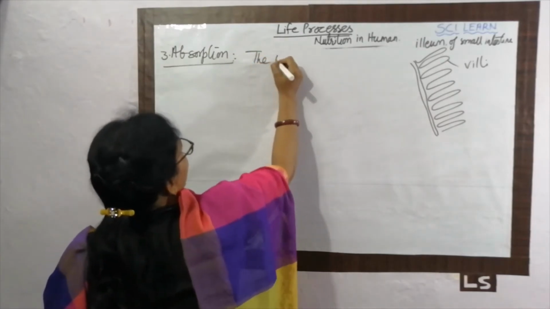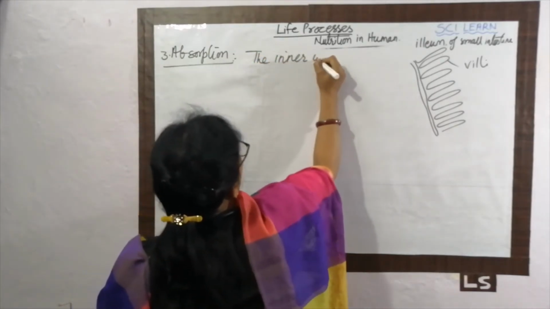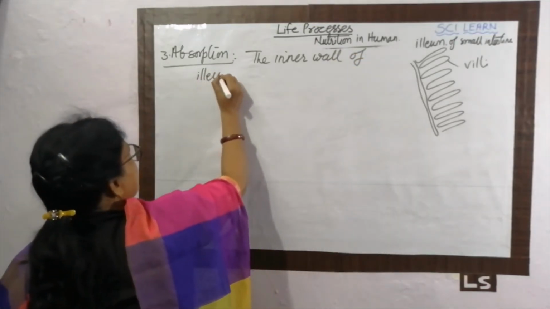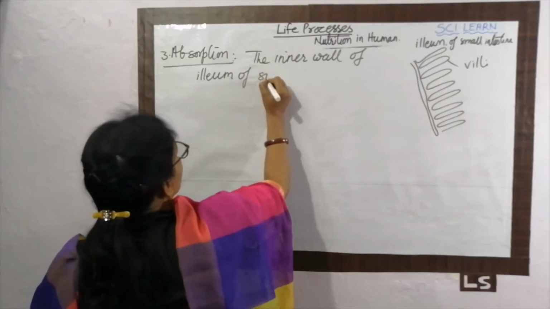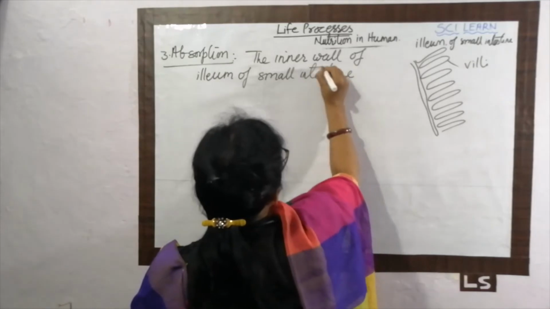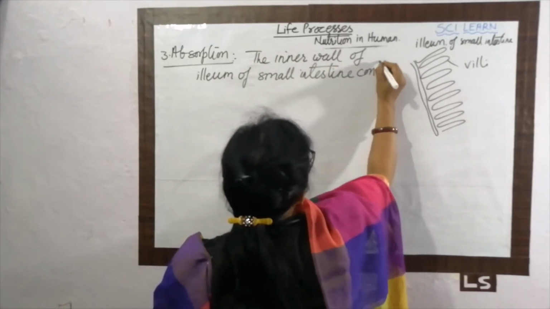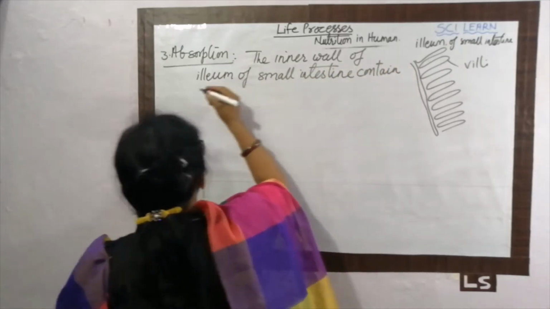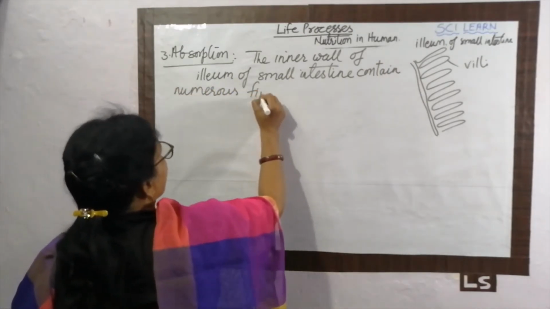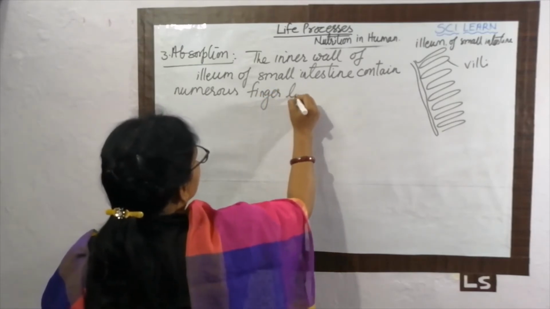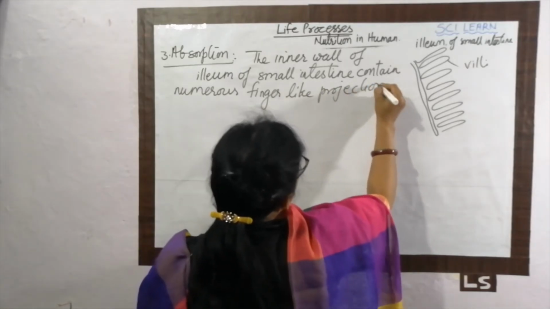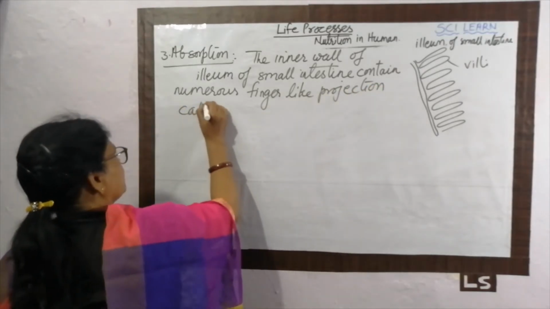The inner wall of the ileum of small intestine contains numerous finger-like projections called villi.